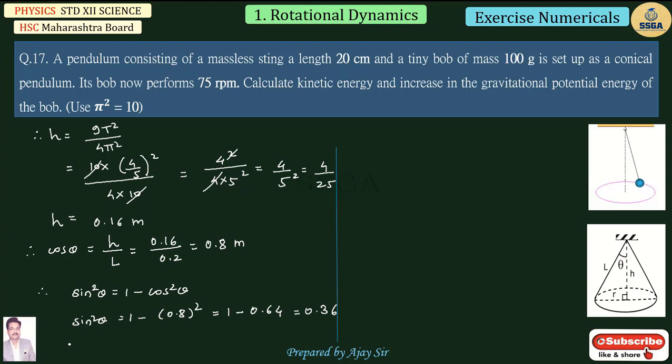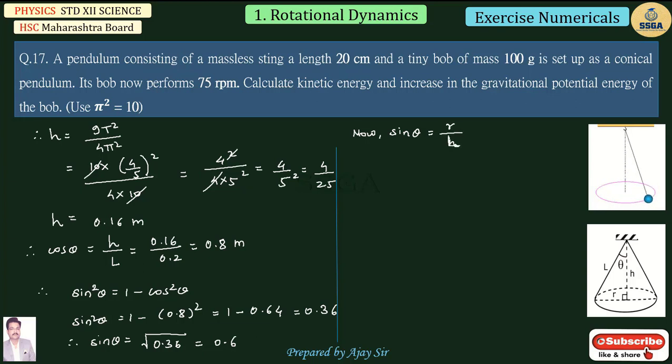We want sin theta. So therefore taking square root of both sides, sin theta is equal to under root of 0.36. So this is equal to 0.6 only. So this is sin theta. So now using formula of sin theta from the second diagram, sin theta is equal to opposite side upon hypotenuse, means r upon l.